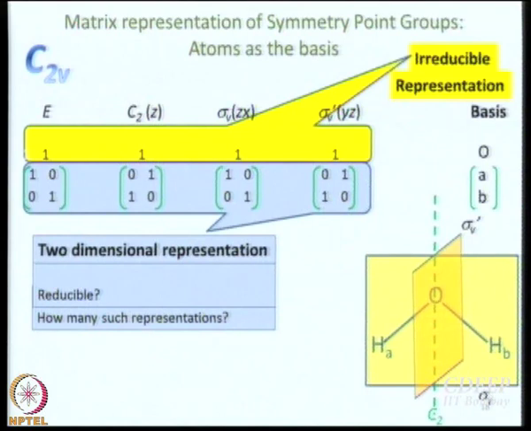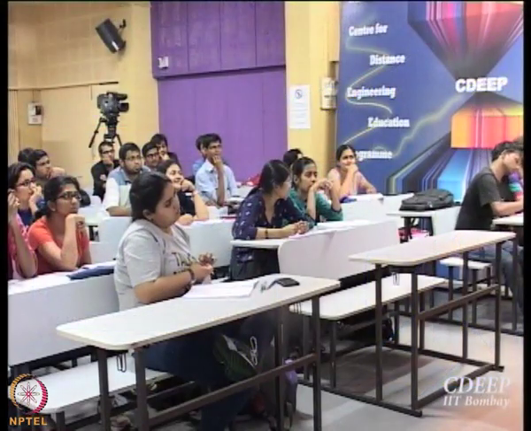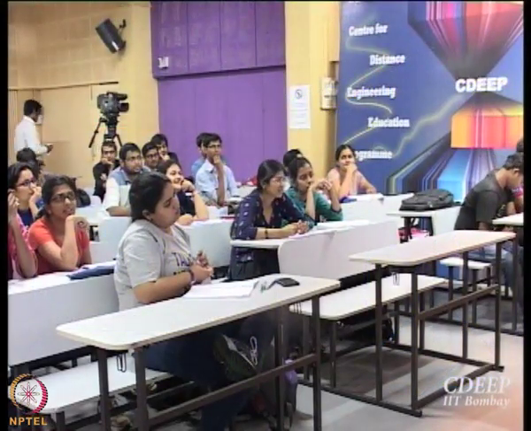And the second question that comes to us at that time is that total how many such irreducible representations are there? How many reducible representations can be there for a given point group, symmetry point group? I am asking a general question. For any symmetry point group, what will be the total number of reducible representations?